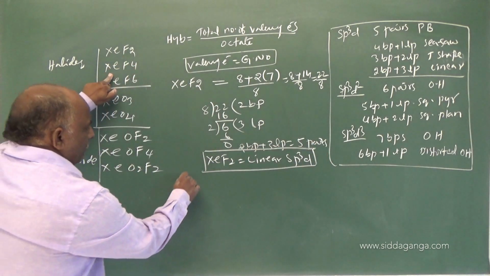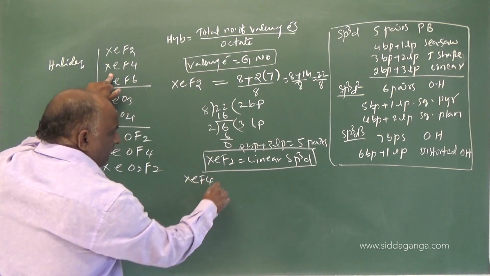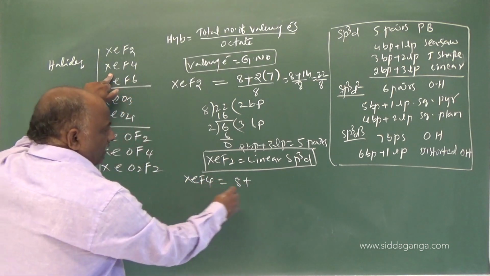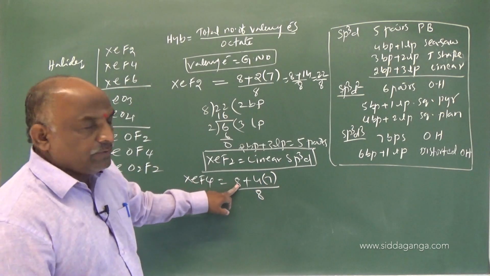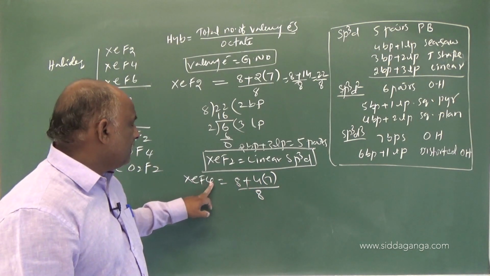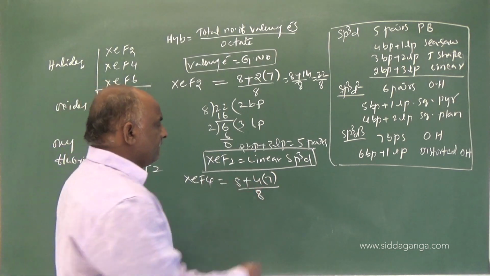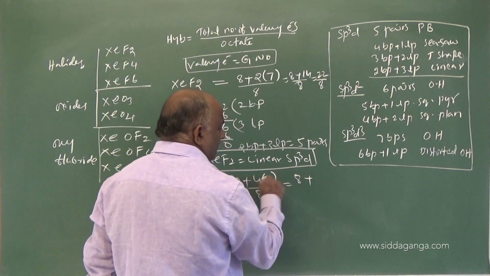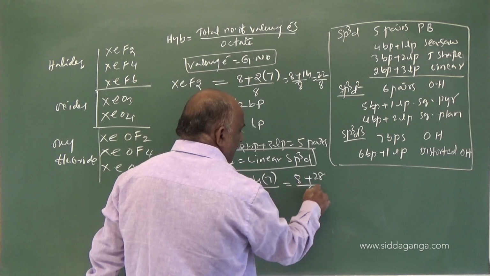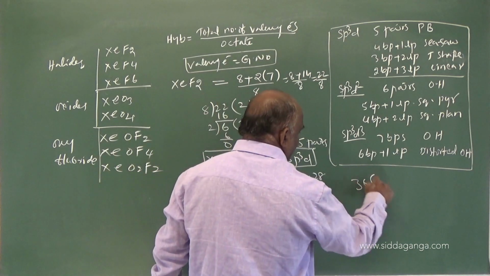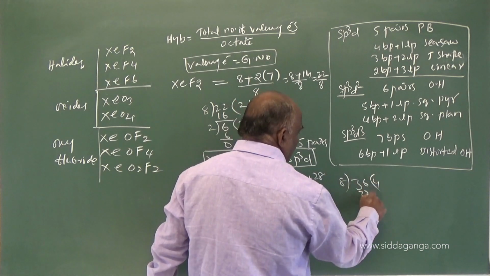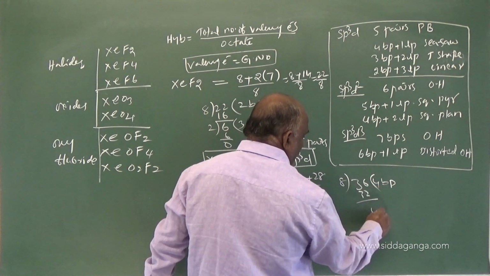Coming to XeF4: 8 plus number of fluorines 4 times 7, divided by 8. That is 8 plus 28, 36 by 8. 8 fours are 32, which are bond pairs, and 4 will be left.